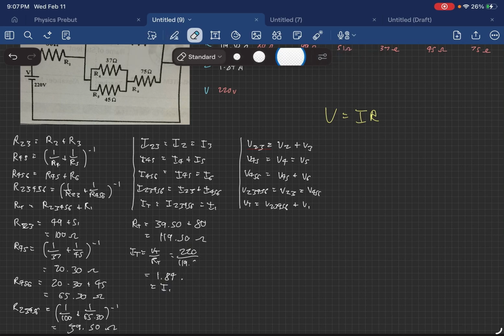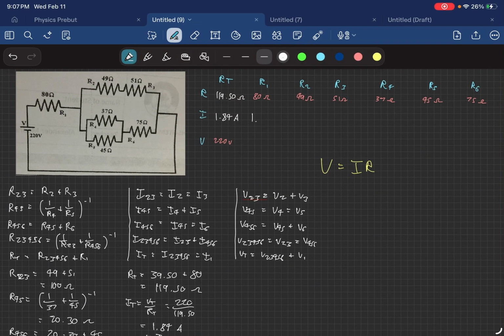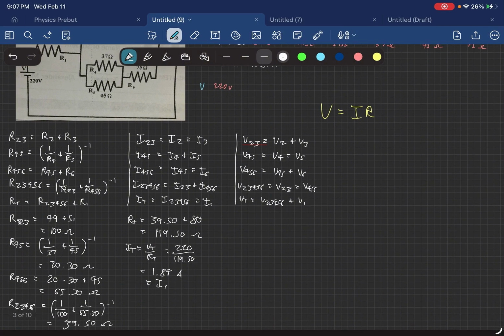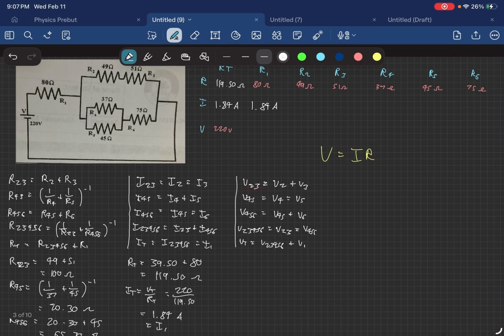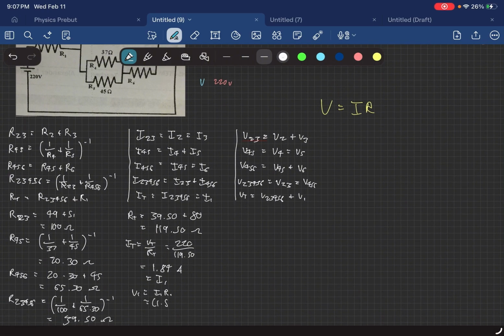And we can write that. So that is also your I1 at 1.84 amperes. And remember the trick I taught you. V1 is equal to I1 R1, and that is equal to 1.84 amperes times our R1.